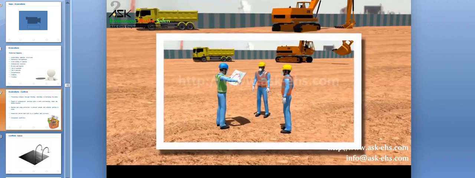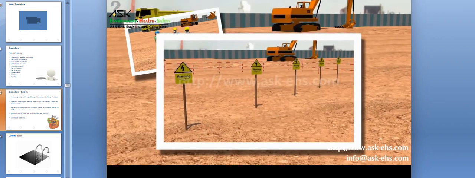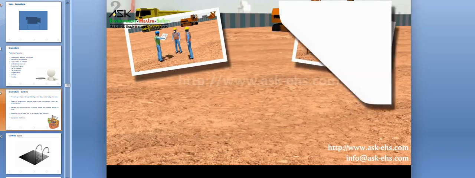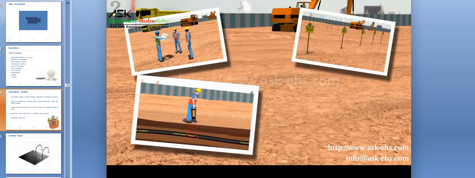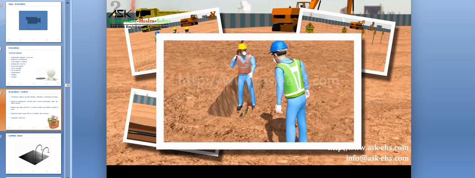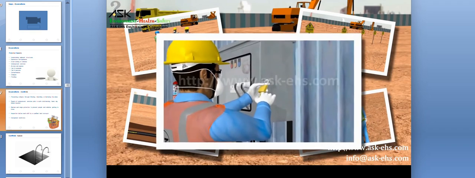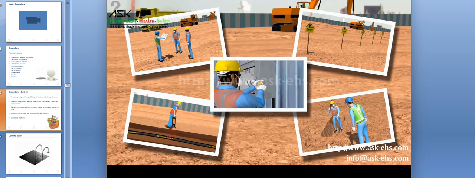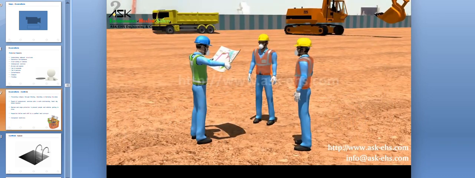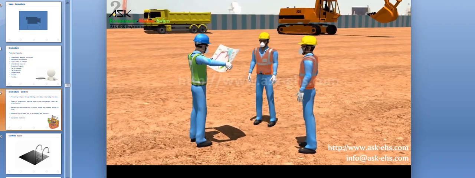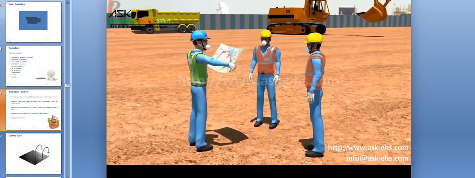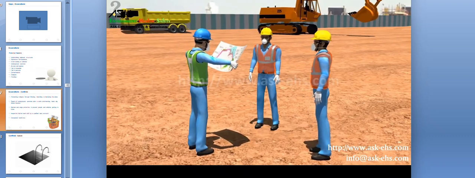Based on the work permit, your supervisor will instruct you to take one or more of the following precautions depending on site conditions. Locating underground utilities using markers and drawings.